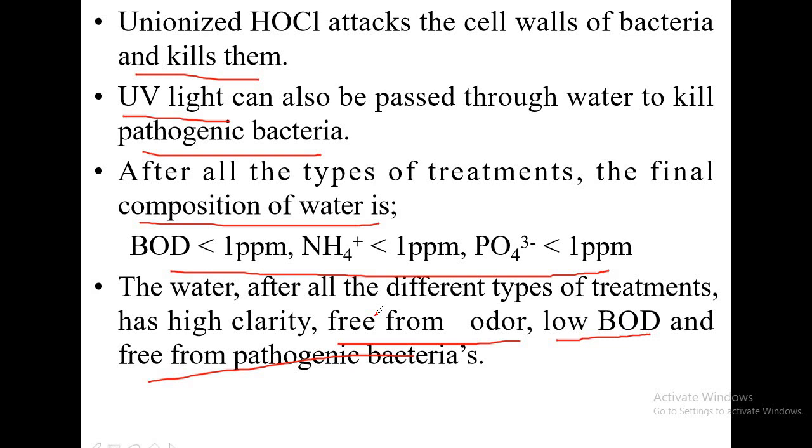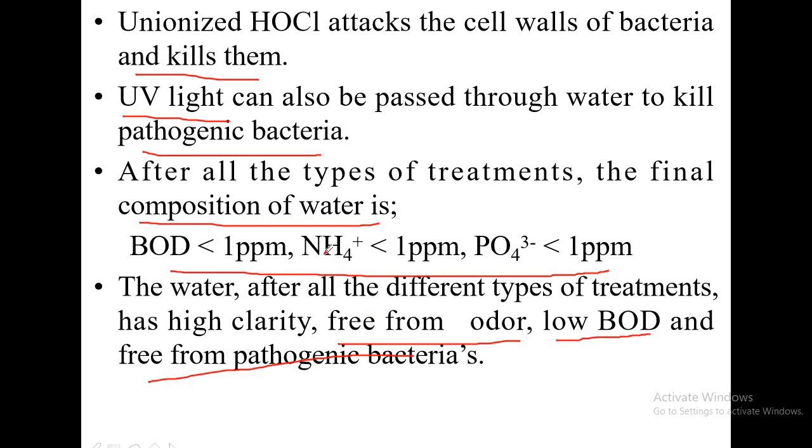As far as primary, secondary and tertiary treatment are concerned, secondary treatment is important as far as the examination is concerned. Therefore please study well the activated sludge method, that is the biological or secondary treatment of sewage.